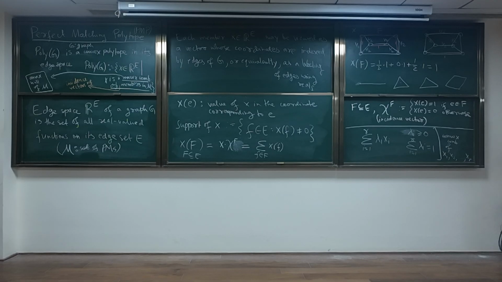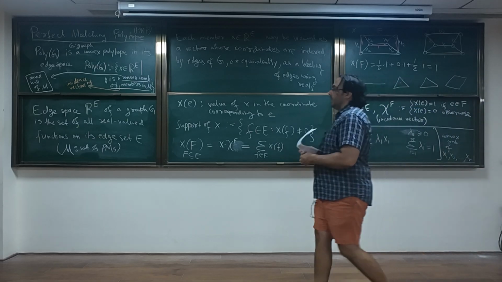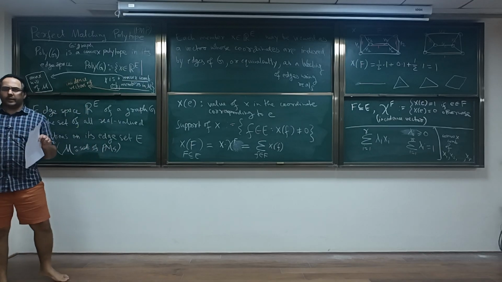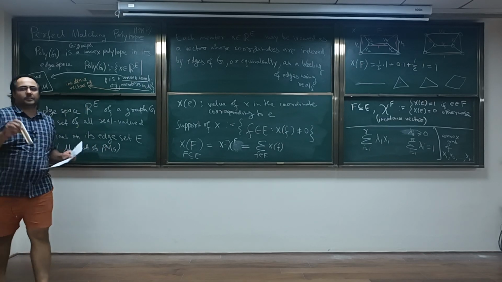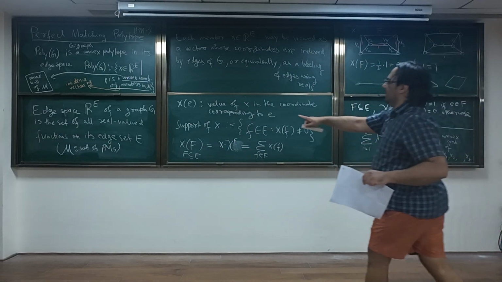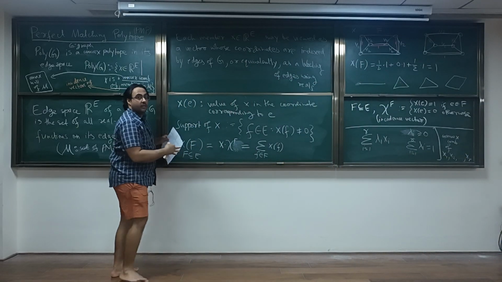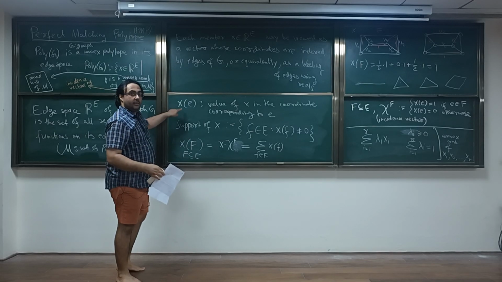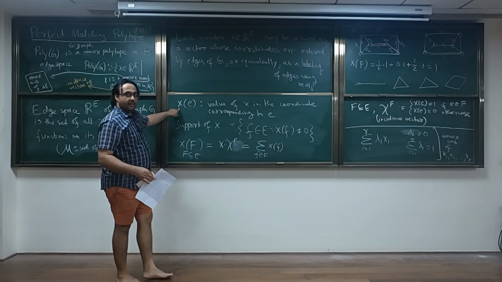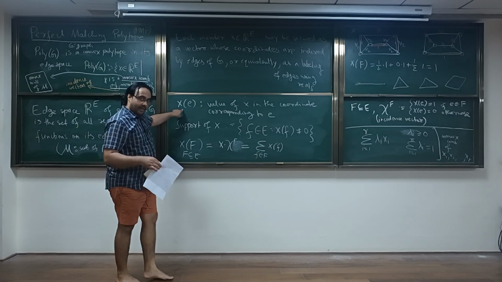Are there any questions or concerns so far? Is the notation okay? Any confusion related to the notation? So x is my vector. We are looking at the value of a particular edge.